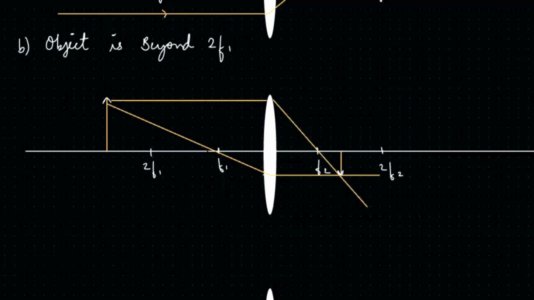Now, if we can write down the properties of the image formed, so this will be image formed between f2 and 2f2.